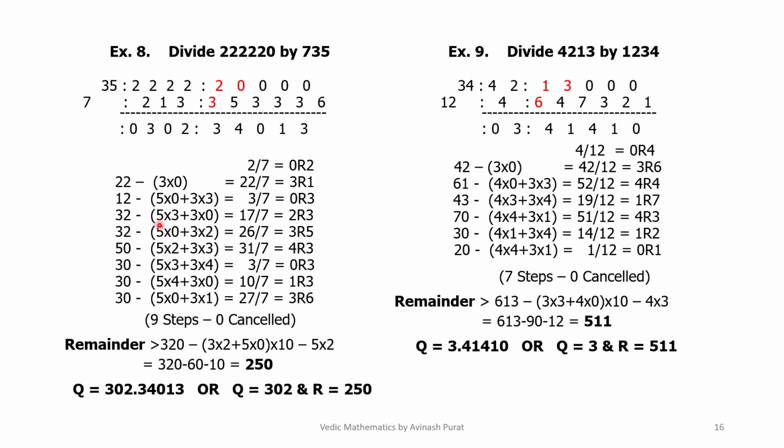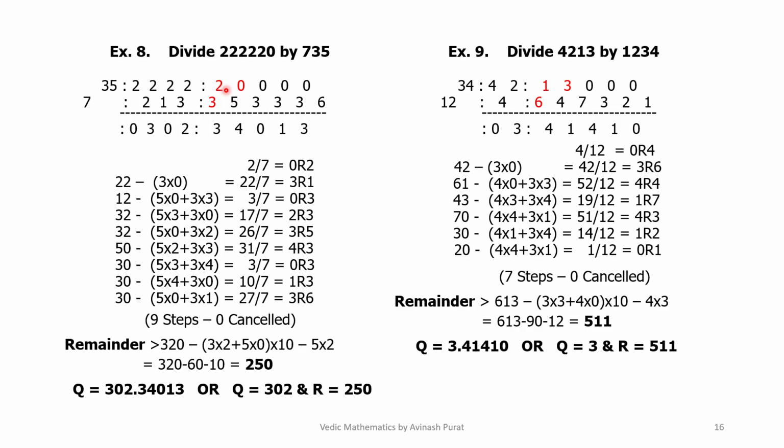Now 32 minus 5 into 3 and plus 3 into 0, that is 15. 32 minus 15 is 17 divided by 7, quotient is 2 and remainder is 3.